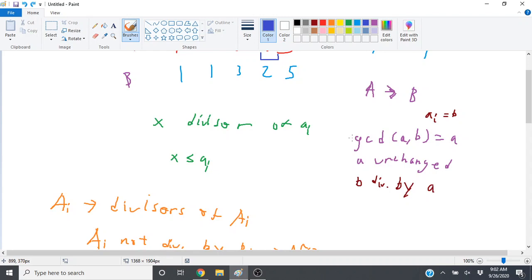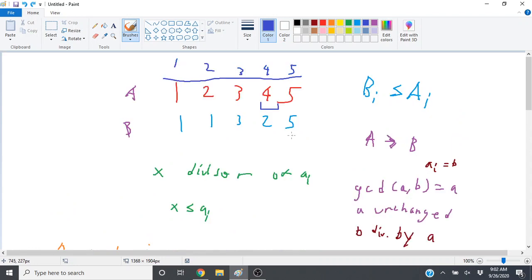And if GCD of A and B equals A, then the value at A is unchanged. Which means that if we do an operation on this element, and all of its previous elements are unaffected, then when we set this to 2, for example, we can do an operation with this 4 and this 2. Everything to the left is going to be unchanged.